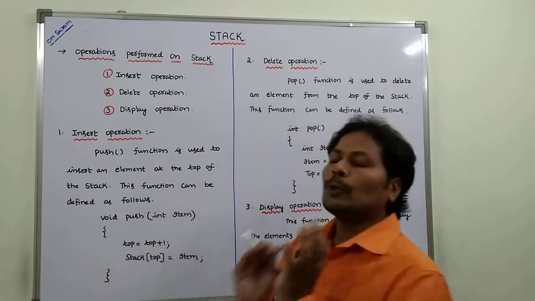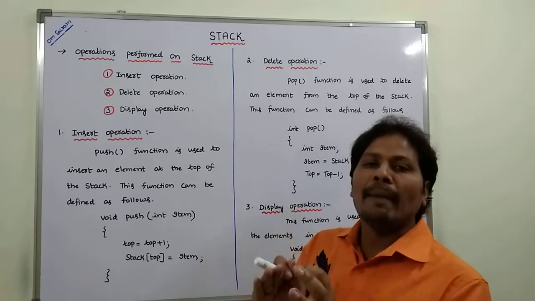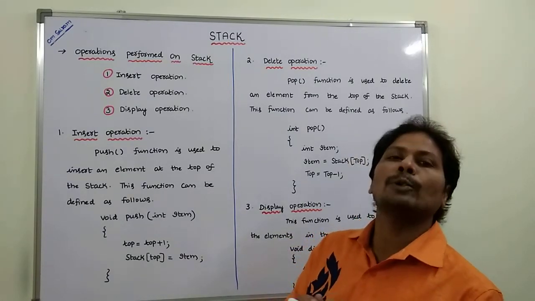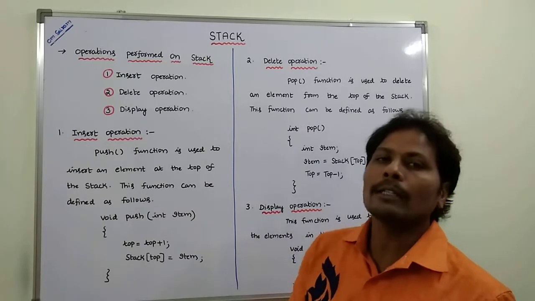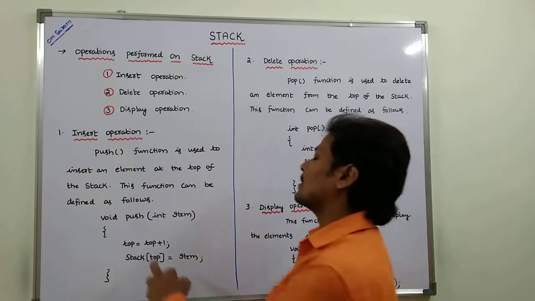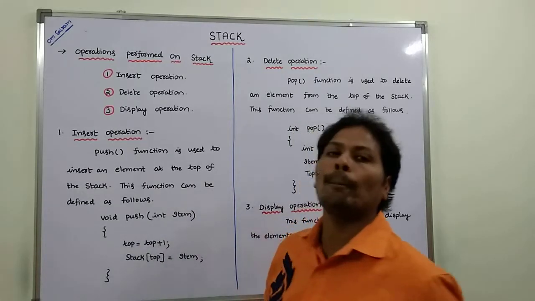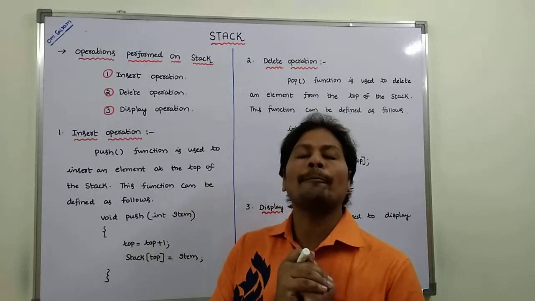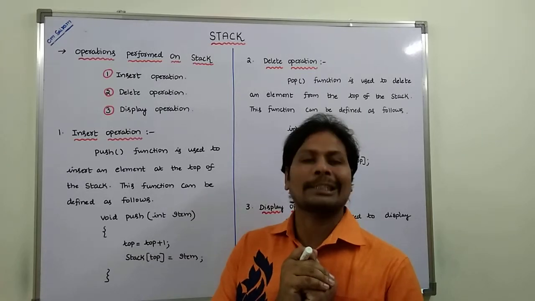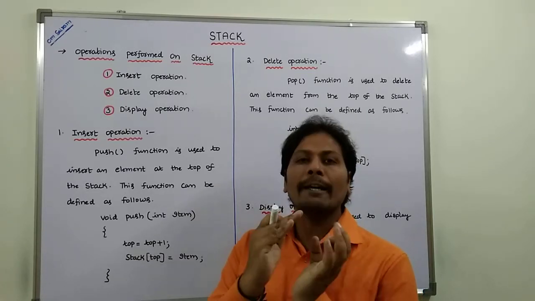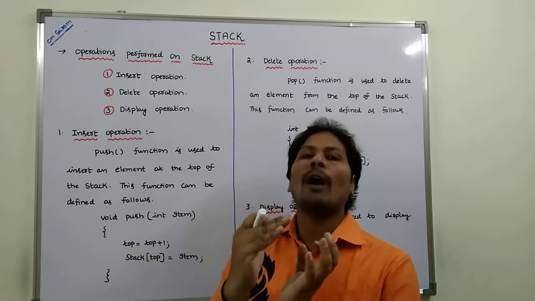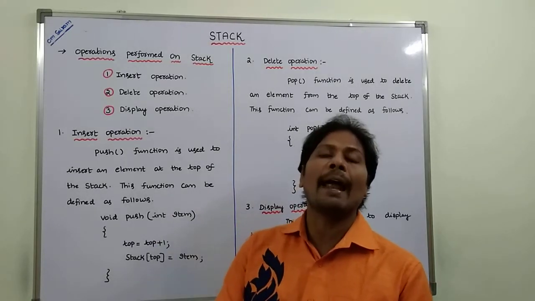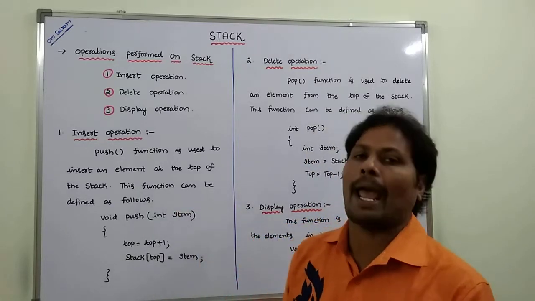First, to insert an element into the stack, what is the task we have to do? Incrementing the top pointer. So that is top = top + 1. After incrementing the pointer top, whatever element we want to insert is inserted at the top of the stack.